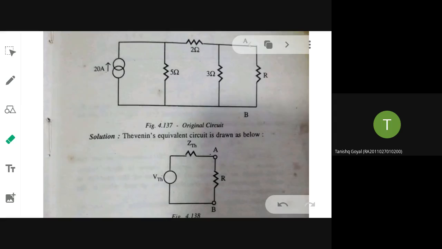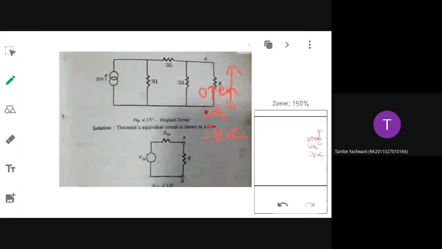You will open or short that particular terminal? Open. So this terminal is in question, so you will open it, and you need to find out V Thevenin or VOC across it.